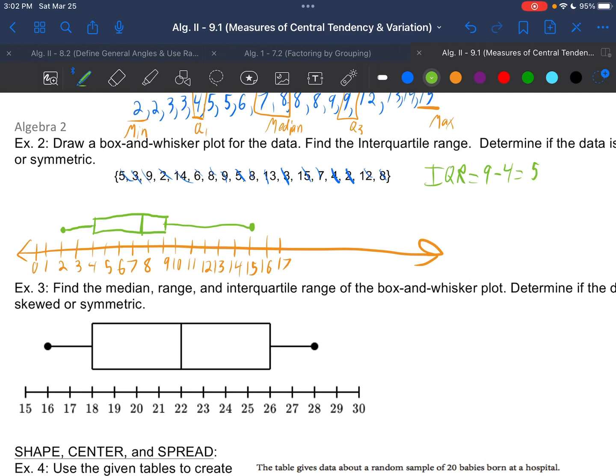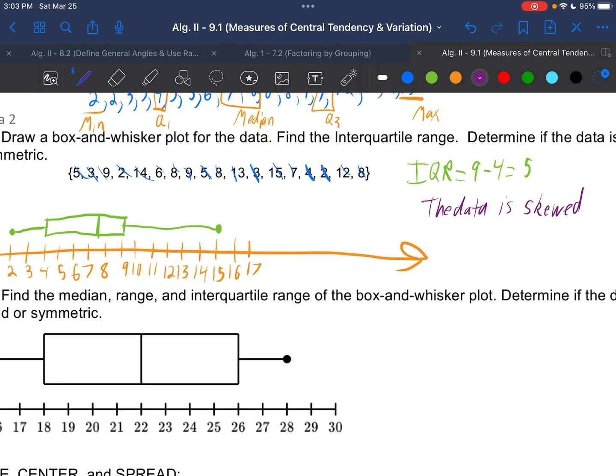Now, we have to ask, is this data skewed or symmetrical? Symmetrical would mean basically from the median, or from the middle, or even just from the box here, that it's pretty even on each side. And we see there's an overwhelming amount of the whisker here compared to right here. So we would say, hey, the data is skewed.